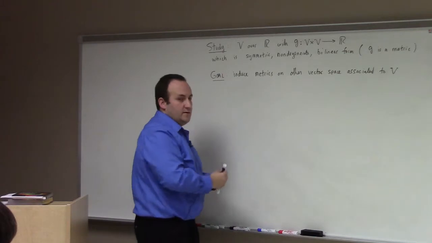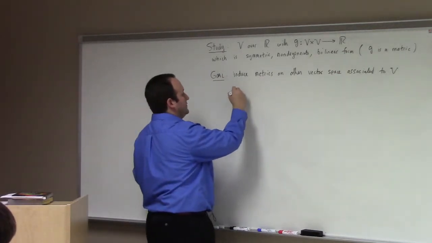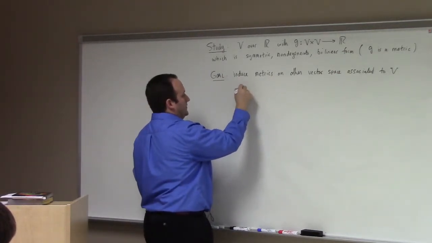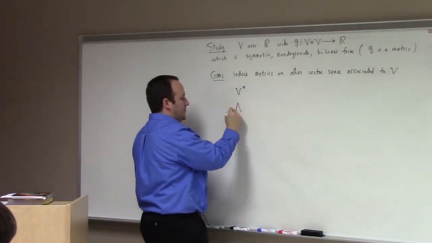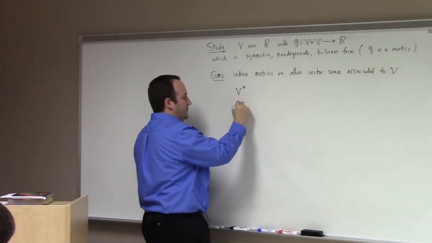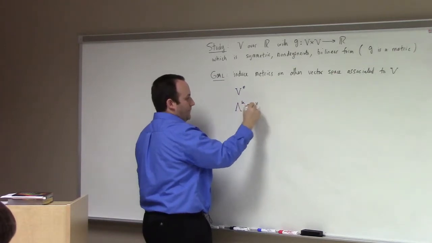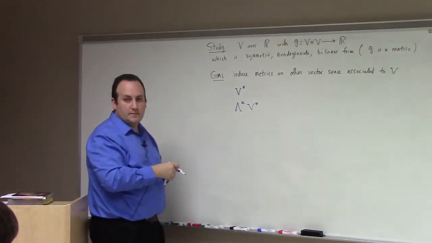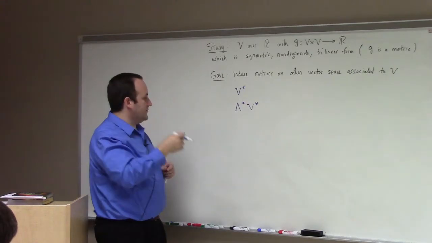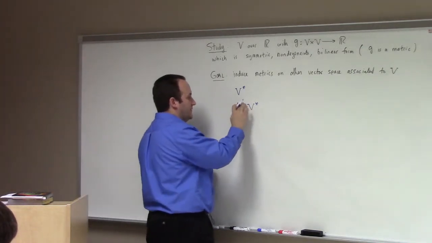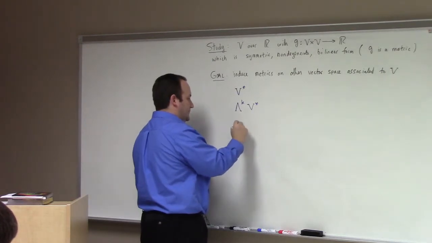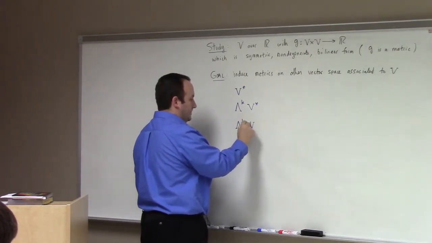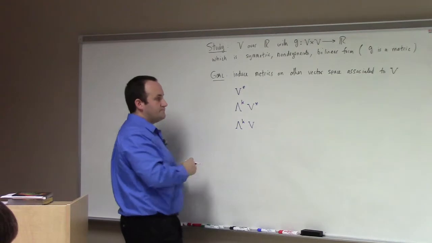How about V dual is one, right? But then a little bit more greedy than that, how about K forms, for K equals 1, 2, and so forth and so on. And then, of course, you'd also like to maybe do K vectors as well, right?